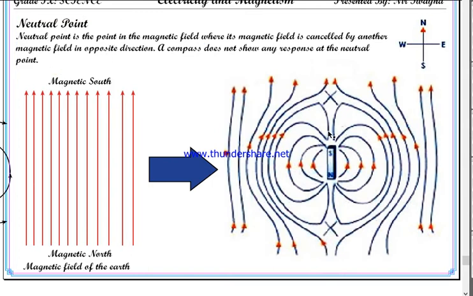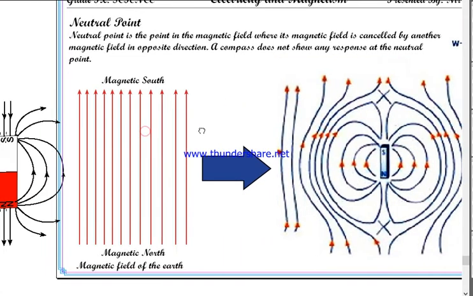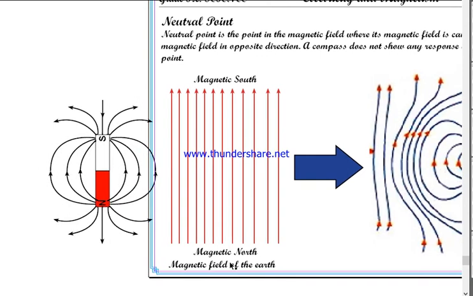So, you understand what a neutral point is. Now, the position of the neutral point differs on the basis of the placement of the magnet. Suppose this is the magnetic line of force of the earth, and at a particular place the magnetic line of force can be represented by a straight line in the case of the earth, because it is too large. And this is the magnet, and these are the magnetic lines of force.